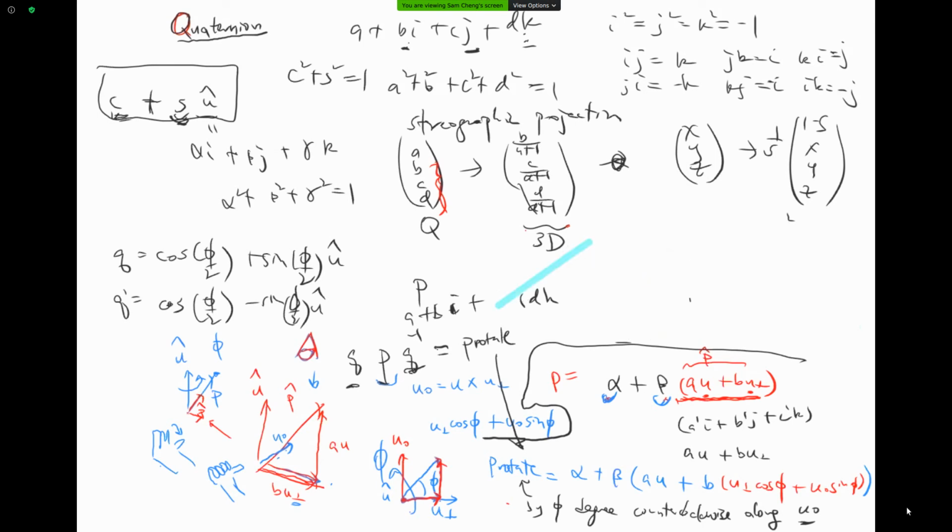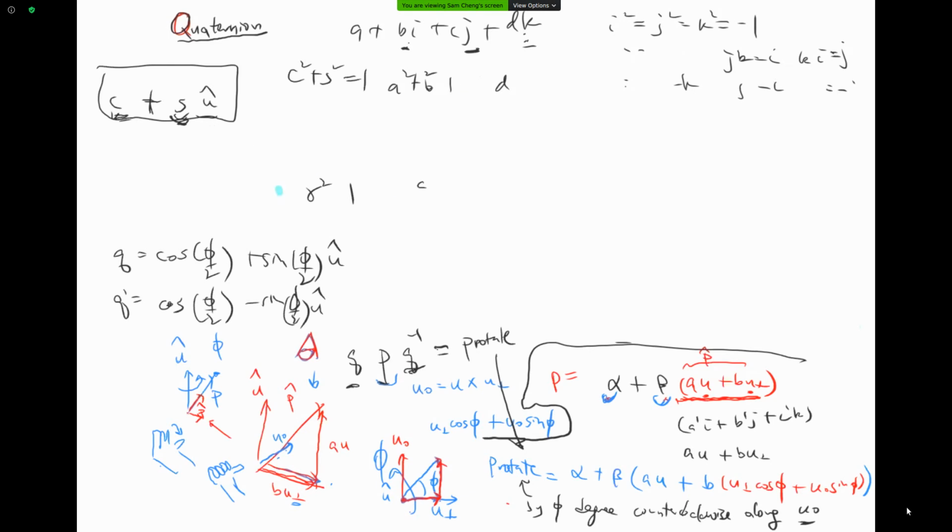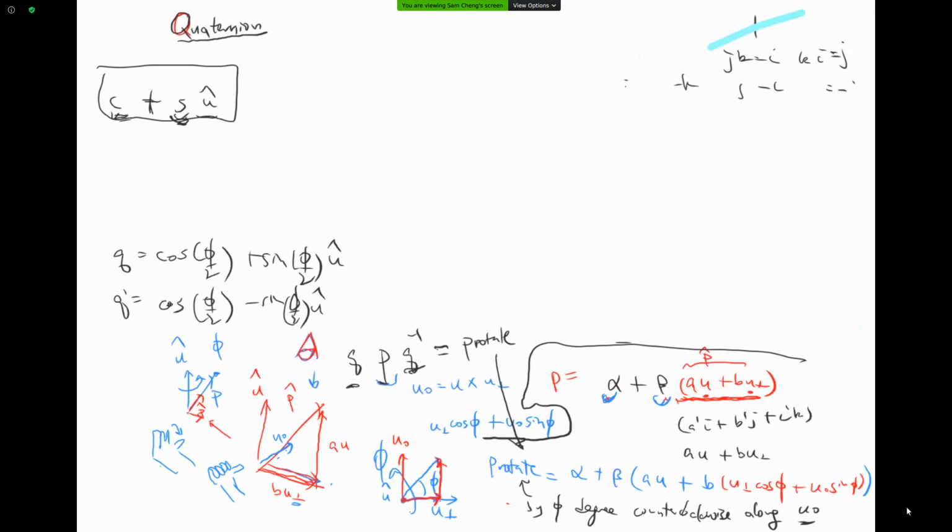I guess I'll erase most of the stuff here. I think I may have enough space here. Let's see. So again, my P is here, my Q is here, and Q inverse is equal to this guy here.